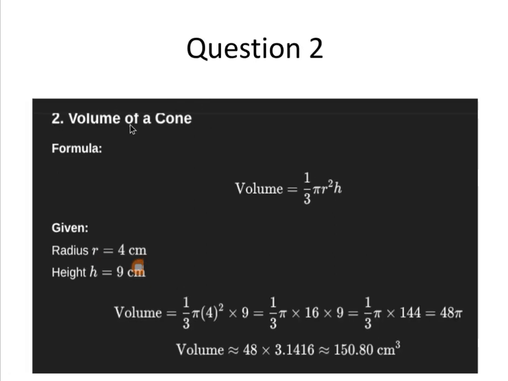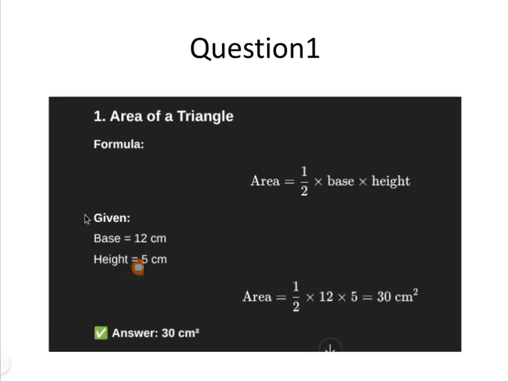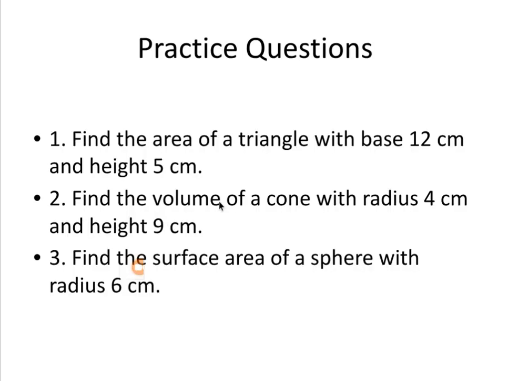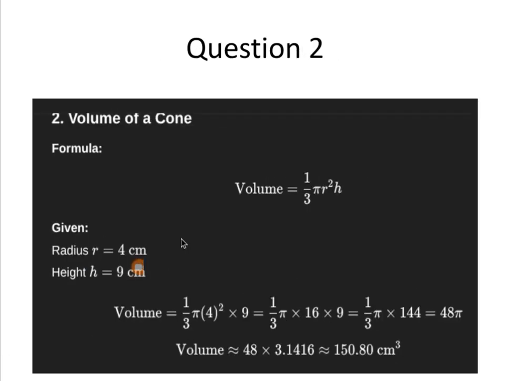Question 2, volume of a cone. The formula is volume equals a third times pi times r squared times h. Again, the radius and the height are given: the radius is 4 centimeters and the height is 9 centimeters.